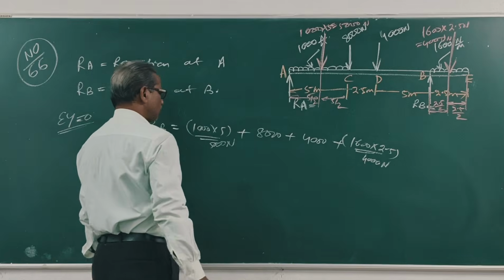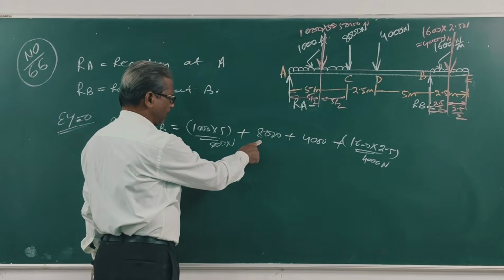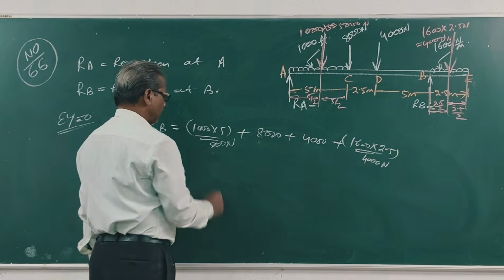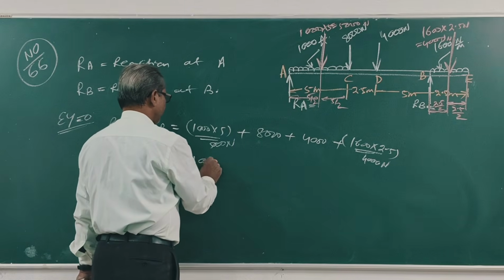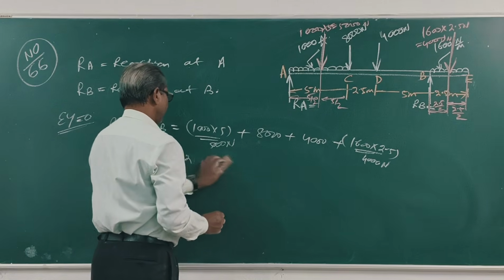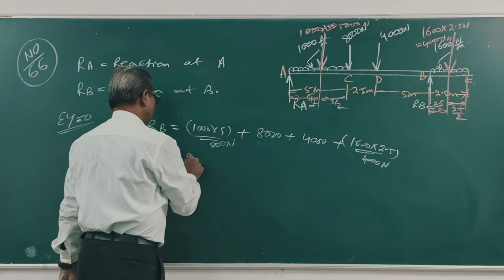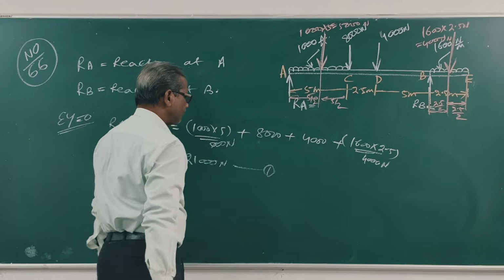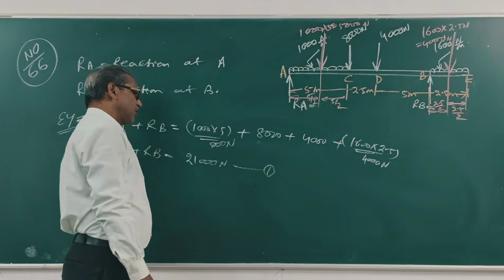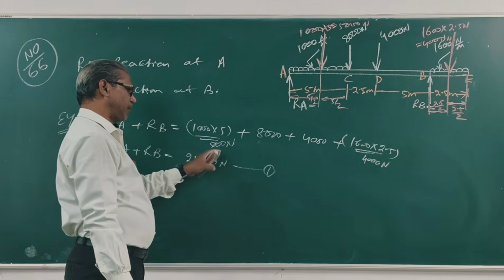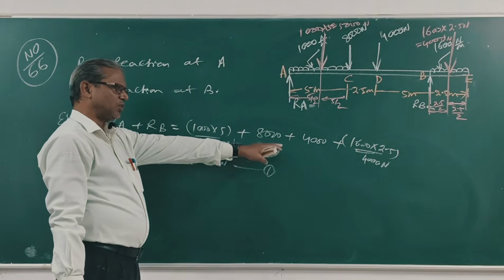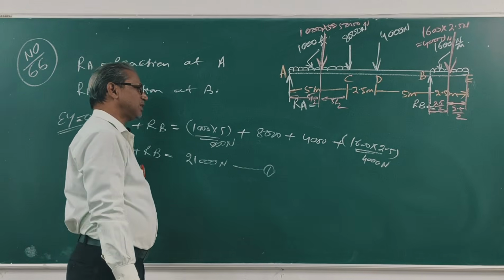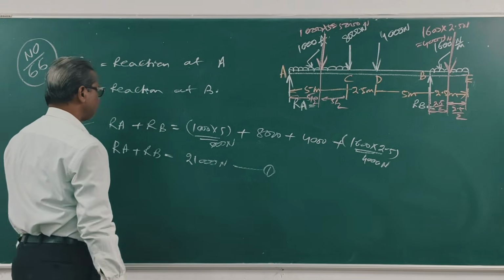Clear? 5 plus 8, 13 plus 4, 17 plus 4, 21,000 Newton. This is equation 1. Next, take moment.